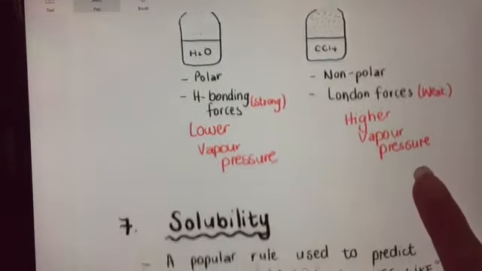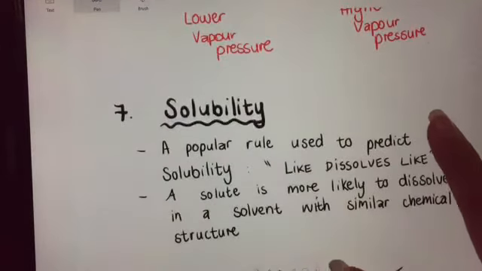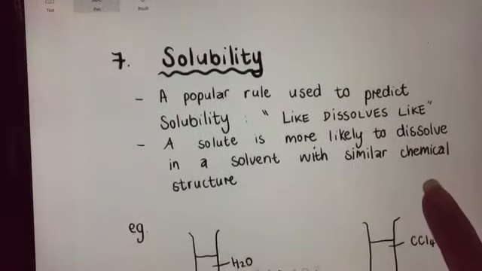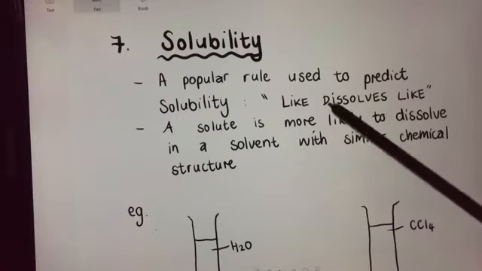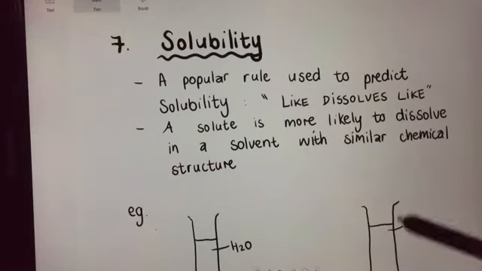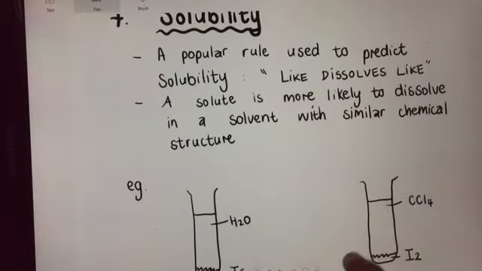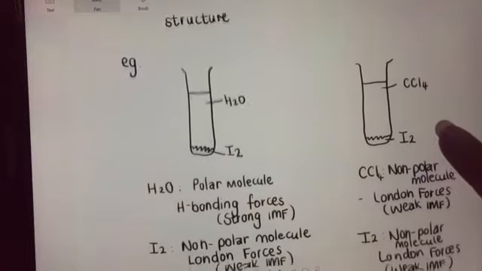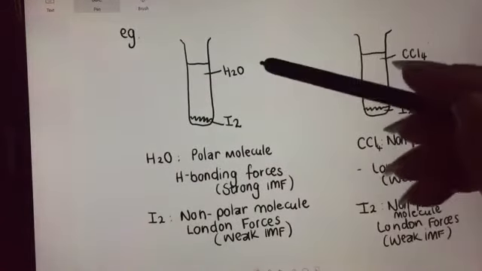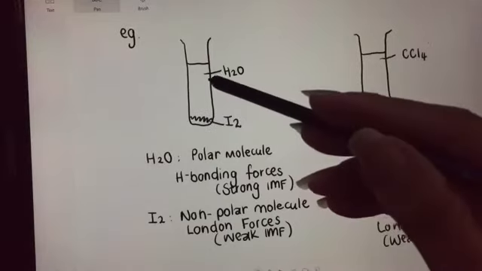And then the last thing we have to look at is solubility. The rule we use, if we want to decide whether something will dissolve in something else, is like dissolves like. So a solute is more likely to dissolve in a solvent with a similar chemical structure. Let's take a look at this example. Over here, I have some iodine crystals in water.